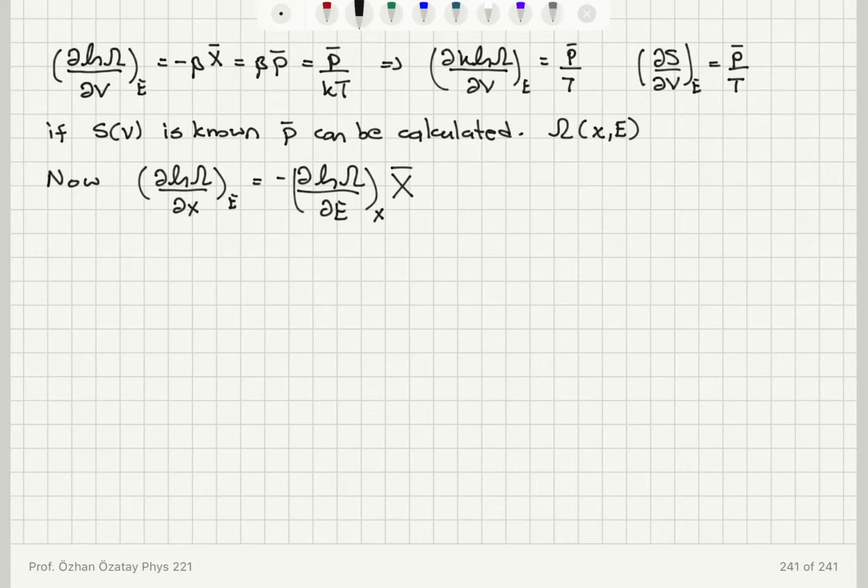If I take this to the left hand side, you can see that if I write the infinitesimal changes in natural logarithm of omega, which is a function of E and X, this can be written as the derivative of ln omega with respect to E multiplied by dE plus the derivative of natural logarithm of omega with respect to X multiplied by dx.